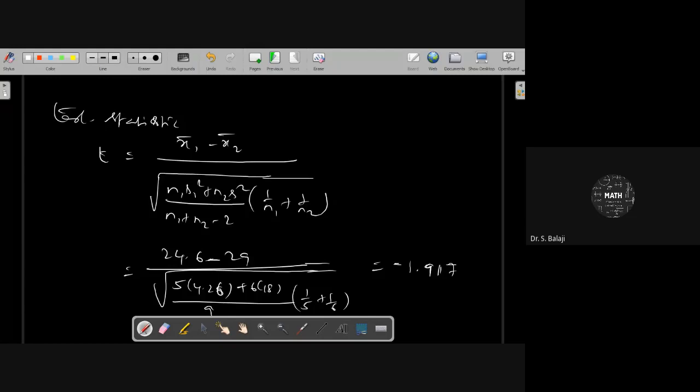Correct? Yes, sir. Okay. This is the t value, the t distribution value.